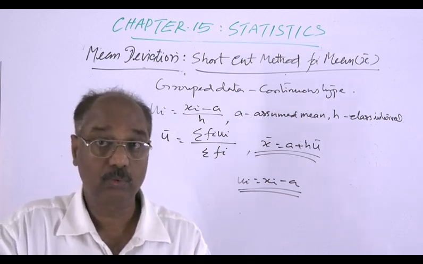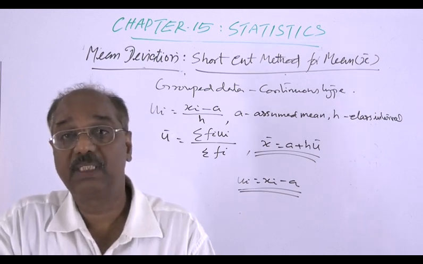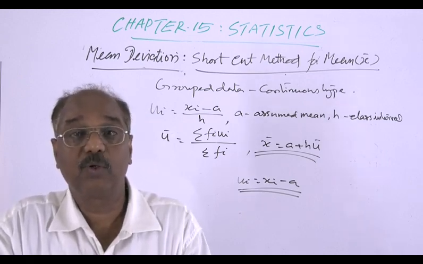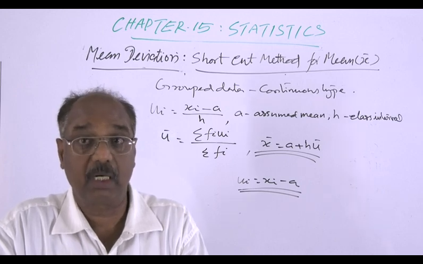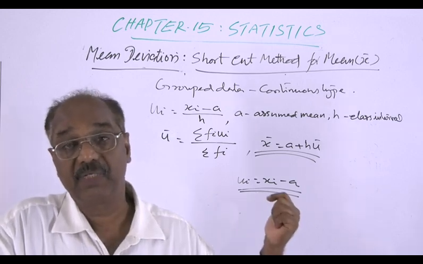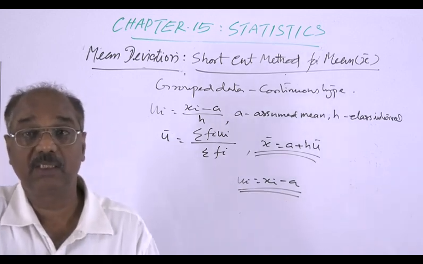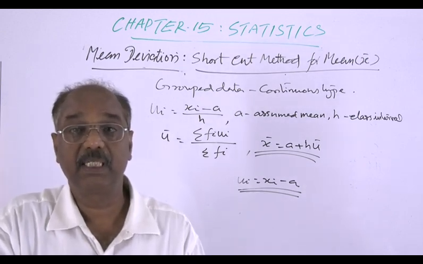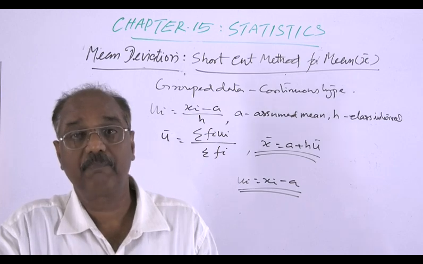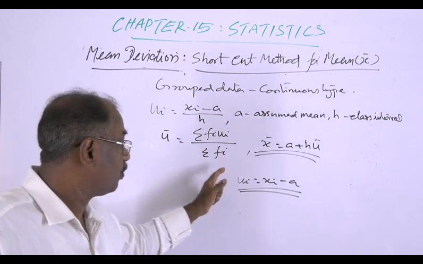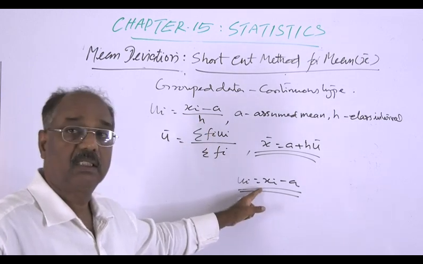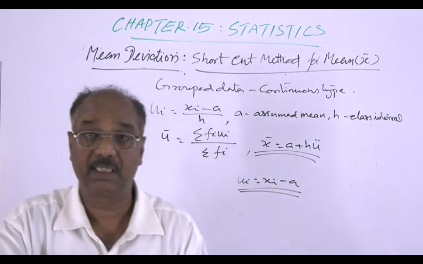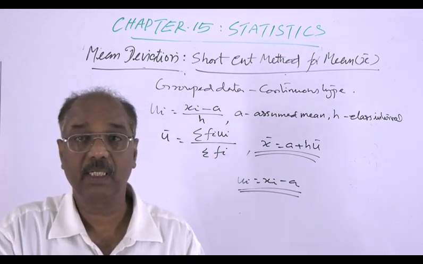Okay? Anyhow, in determining the mean deviation about x bar, if necessary, we can apply the shortcut method, which is the step deviation method, or if we use h equal to 1, the assumed mean method. Okay? And that's all.